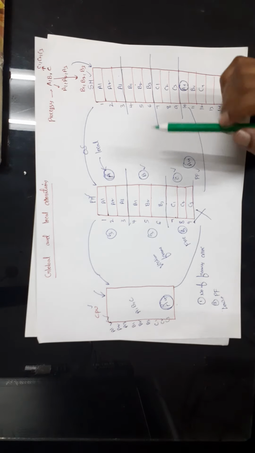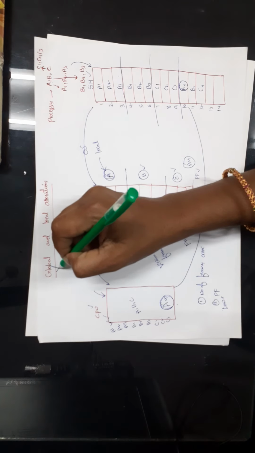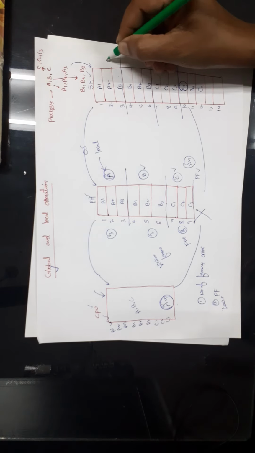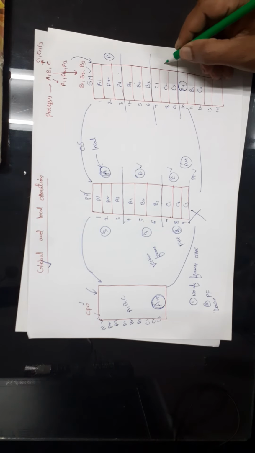Now we will see some points about global allocation. While choosing the victim frame in global allocation, we can choose the frame of another process as the victim frame, right? Let us assume that here A is the high priority process and C is the low priority process.